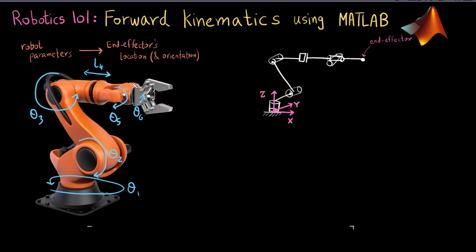But before I do that, I just want to mark out a few things on my schematic. I'm going to assume that for this length right here, there's going to be some x direction and z direction component.